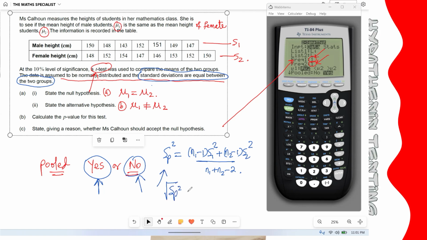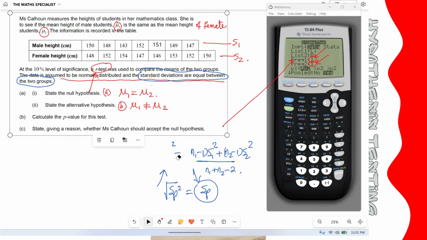So this is the formula for pooled variance. For the pooled standard deviation, we just square root that to get Sp, but everything is done by the calculator. So no need for you to bother yourself with these calculations.